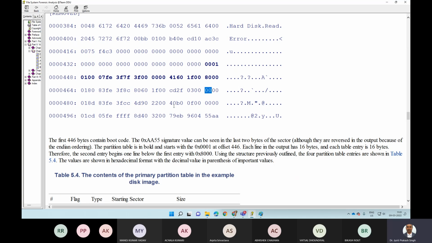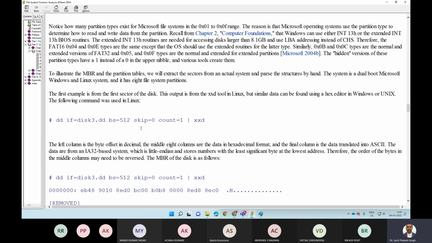Right. And in that case the address will be, so this is the size of that disk and this is the starting address of that disk. The last one is again not bootable and it is of type 05. So the partition type.